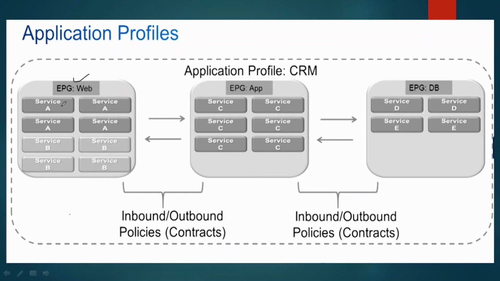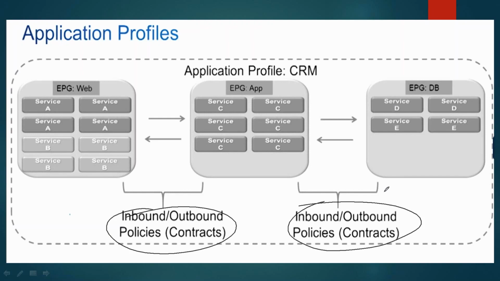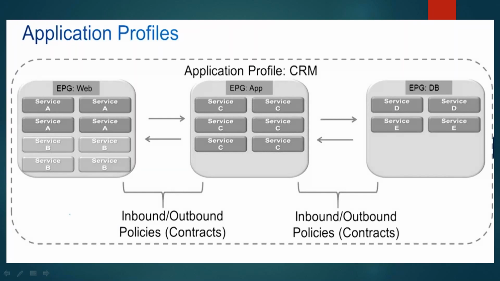So an endpoint group related to VMs, related to the web application, an endpoint group in application related to application VMs, or maybe physical devices also, an EPG in database related to database services. Because they are different EPGs, endpoint groups, they need a contract to communicate with each other, because by the end of the day they are stateless features.